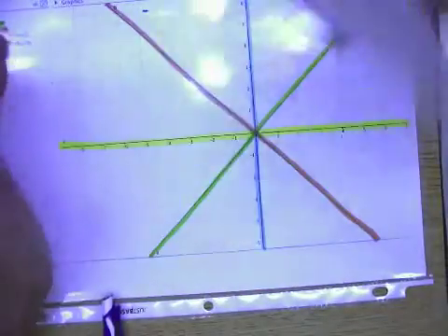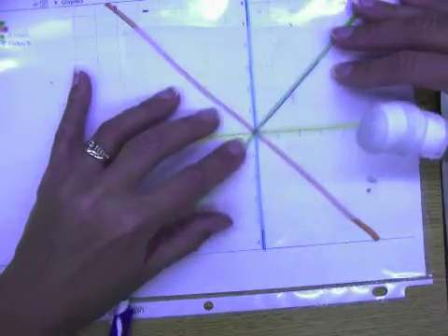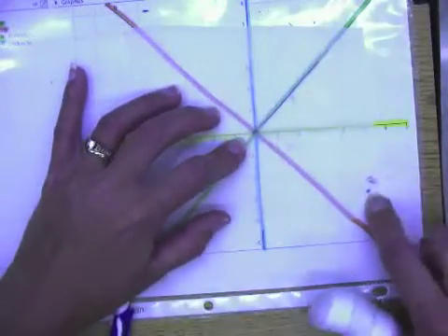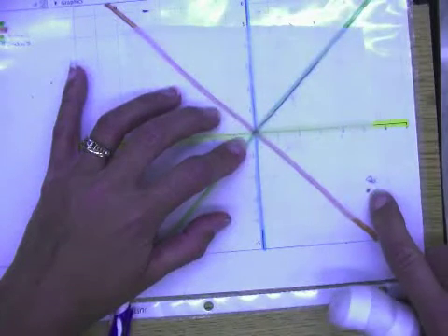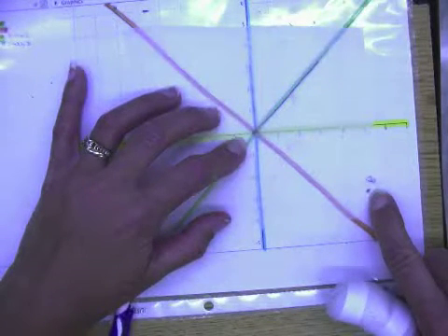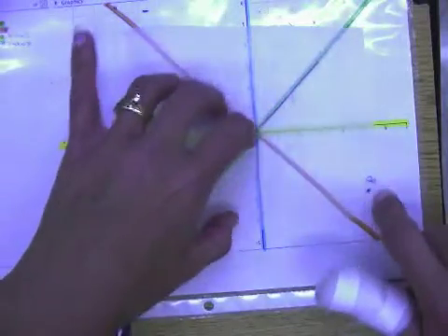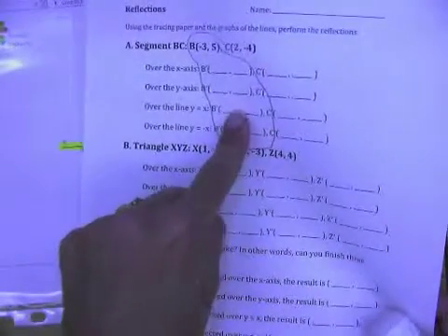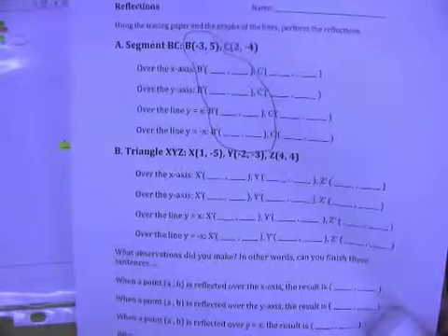I trace the positive part of that green line, and I flip it over. And I notice that B, again, is in a brand new place. Notice its coordinates, and indicate them here.